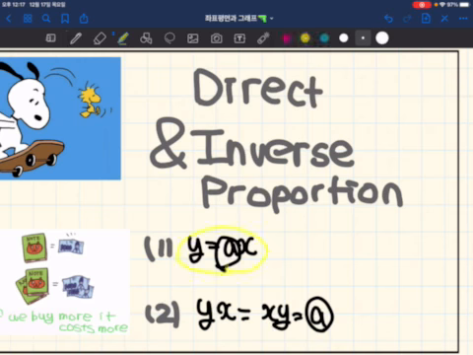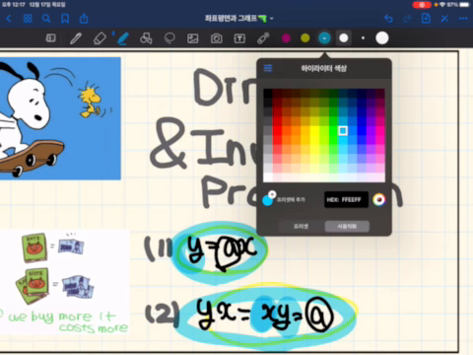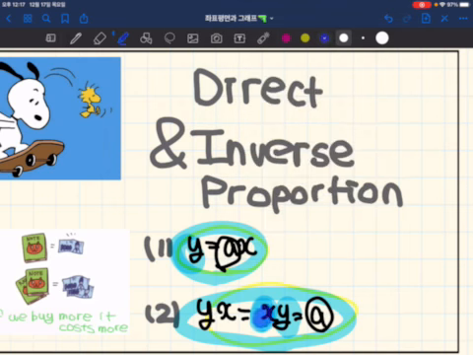So we can know these two kinds of graphs. When x increases, y increases here. And if y increases by a constant value, then x decreases by a constant value.